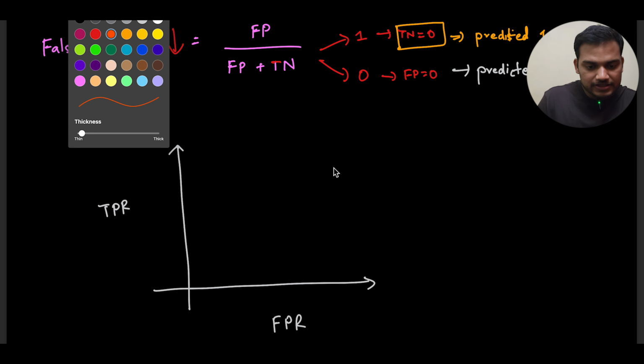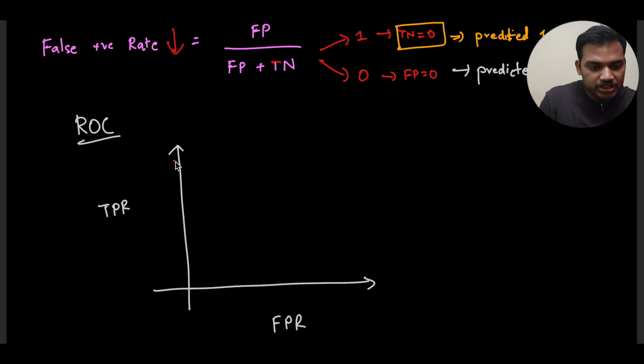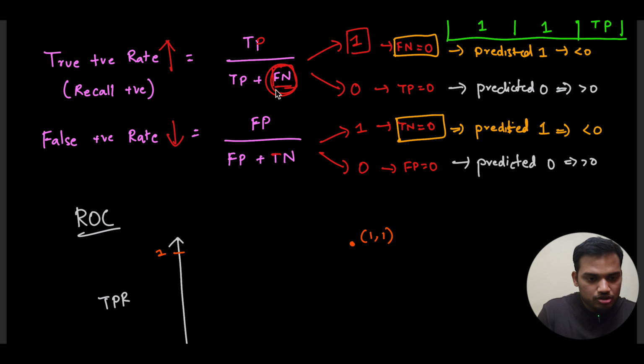Let's say when true positive rate is 1 and also when false positive rate is 1, we'll have the point over here. For which threshold is it like that? For a threshold which is slightly less than 0.